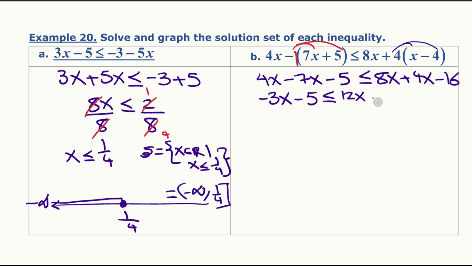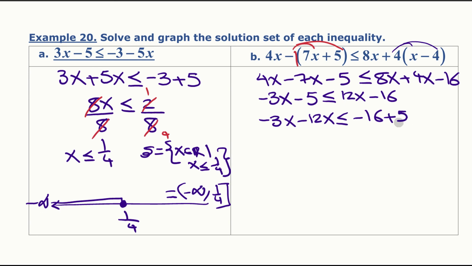12x minus 16. So we're going to keep the negative 3x here, move the 12x over, so it becomes minus 12x, and we're going to keep the negative 16 on that side, and move the negative 5 to the other side, well, it'll become plus 5.